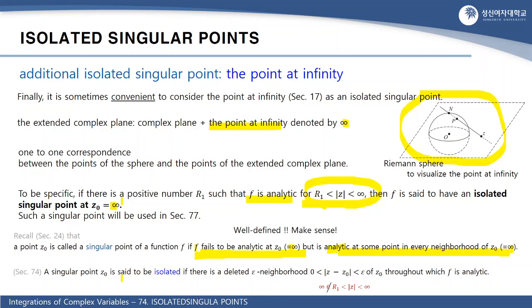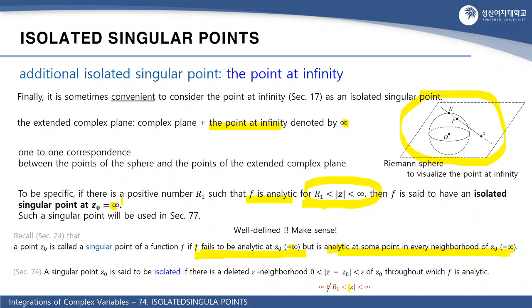isolated. A singular point z0 is said to be isolated if the following condition holds. The condition is there is a deleted epsilon neighborhood given by absolute value of z minus z0 greater than 0 and less than epsilon, throughout which f is analytic. In this region, f is analytic.